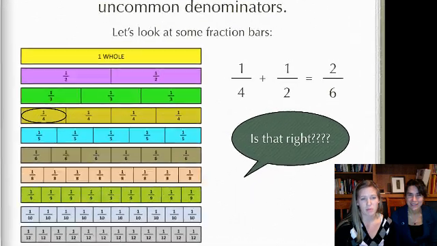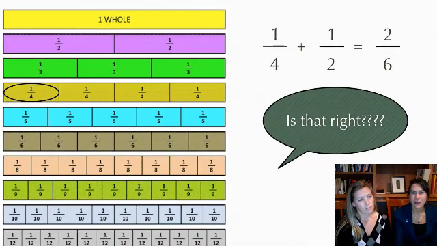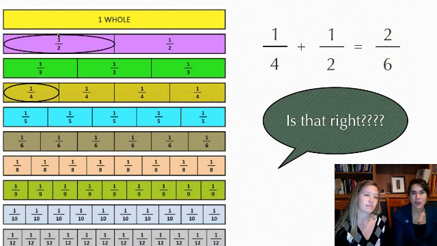Right, so Miss Van Dam, maybe you can show why. Okay. If we're looking here, we have our 1/4. Visually, we can see that here. And we have this 1/2. If you were thinking 2/6, which would be nice and easy, just add them. But if you look here, this is not equal to this plus this here.